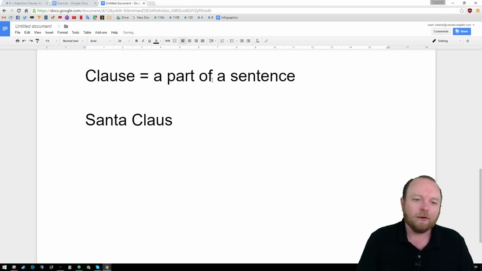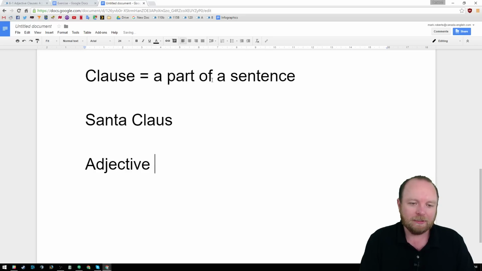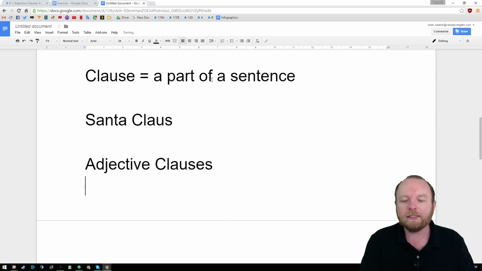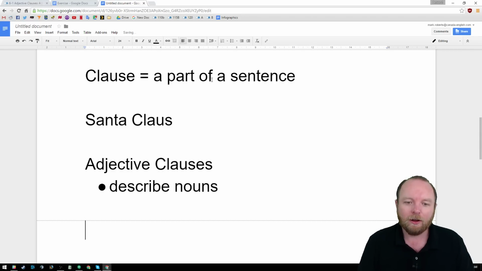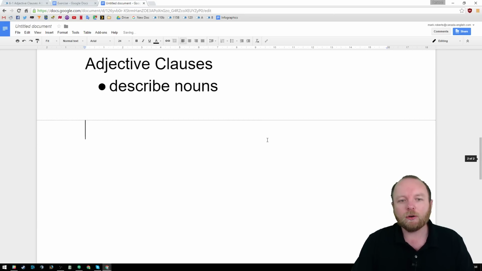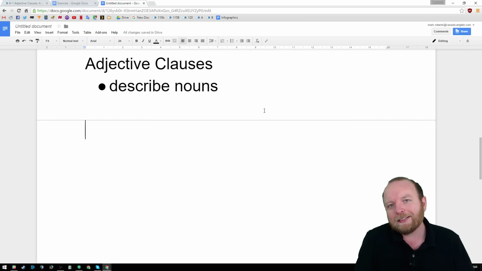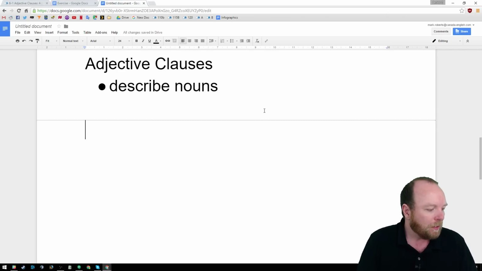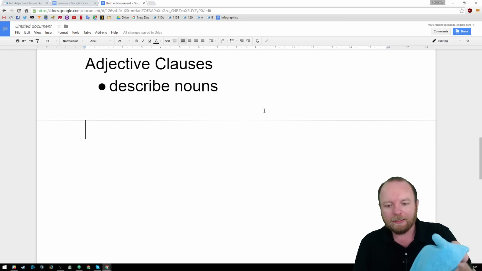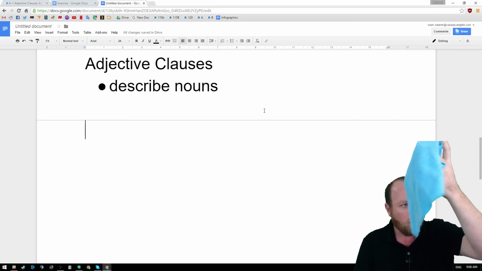Okay, so adjective clauses. Adjective clauses are clauses that describe nouns. So sometimes we can't describe a noun with one word, right? Example, this is a towel.